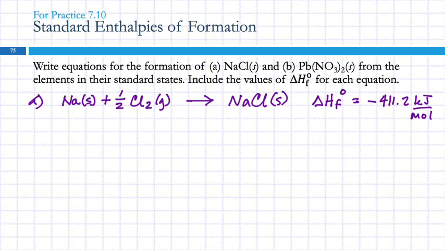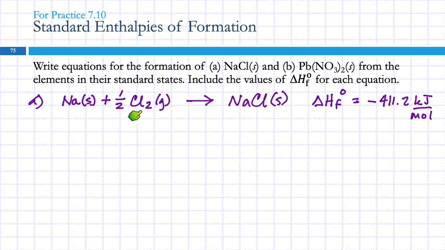Any questions about that? So how does it go from 0 to all of a sudden having a release of energy? That's a great question. The reason that this is releasing energy is because strong bonds are being formed and weak bonds are being broken.